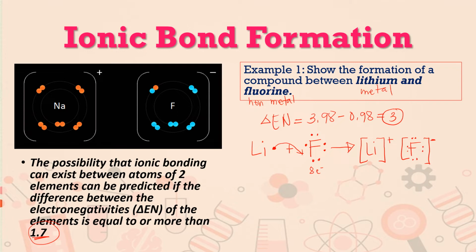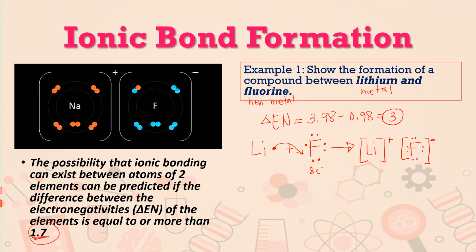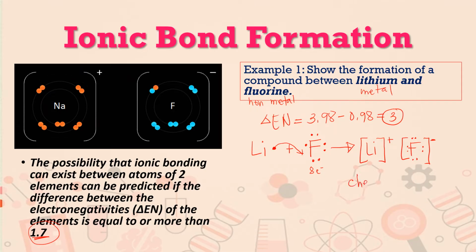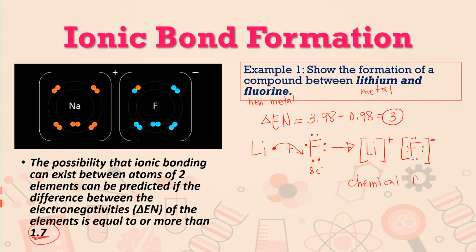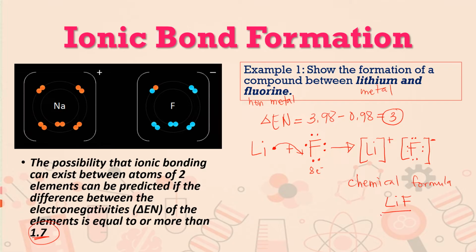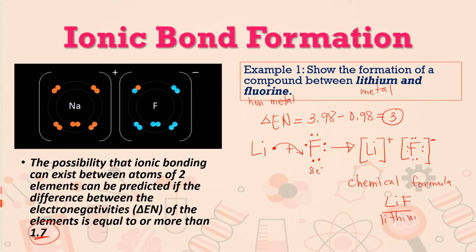So this is the Lewis structure now of lithium and fluorine. So what is the chemical formula of this one? The chemical formula is simply LiF, which is also known as lithium fluoride.